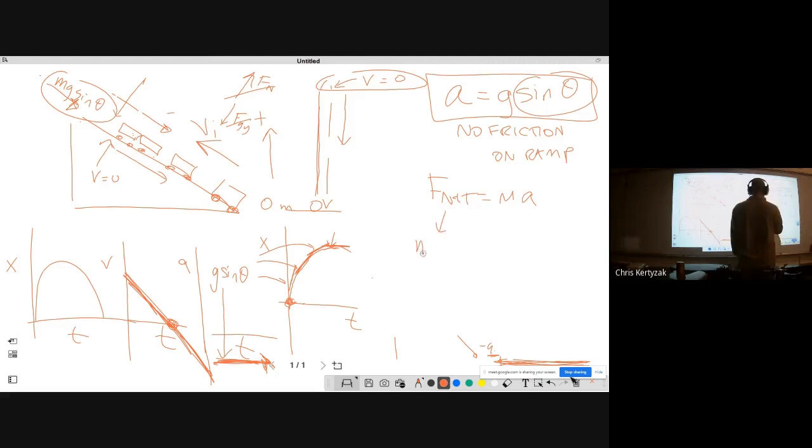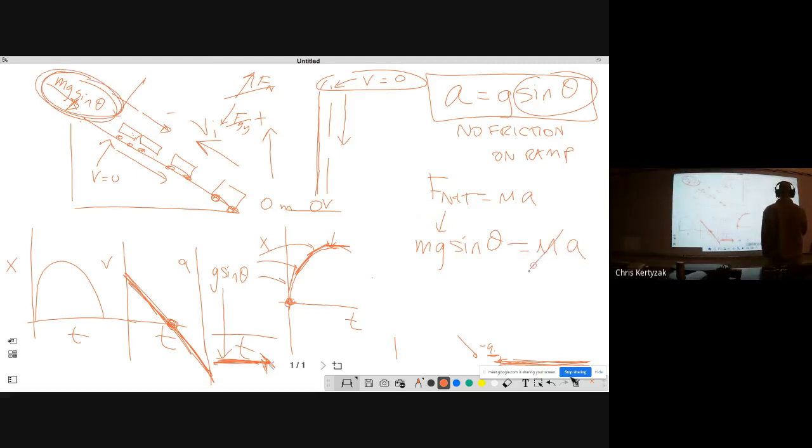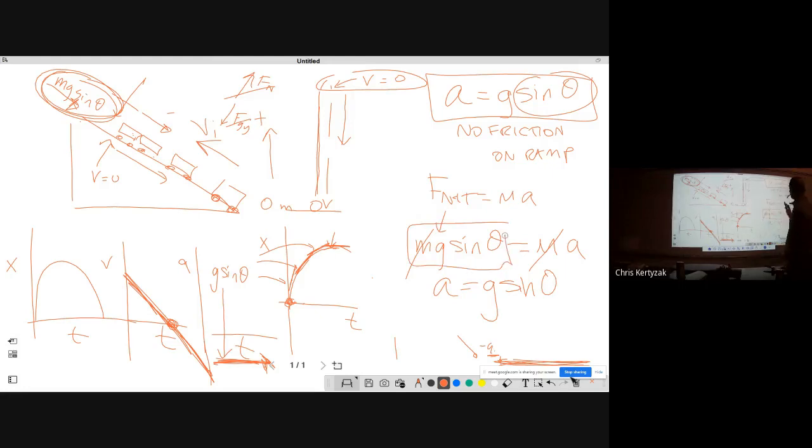If the net force is your weight component, mg sine theta, on the ramp, like I've described here, then the acceleration down the ramp is a fraction of g, because the overall amount of force, F net, was a fraction of mg, a fraction of your weight.